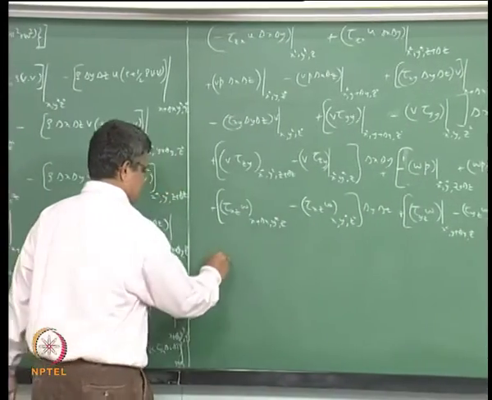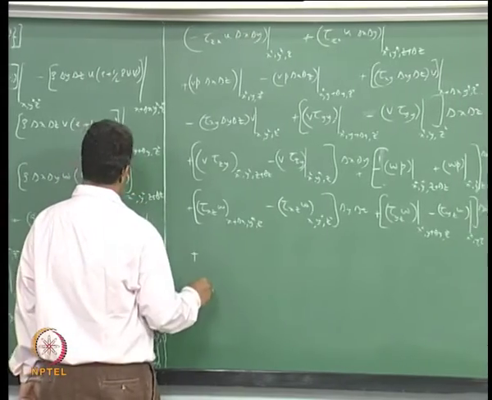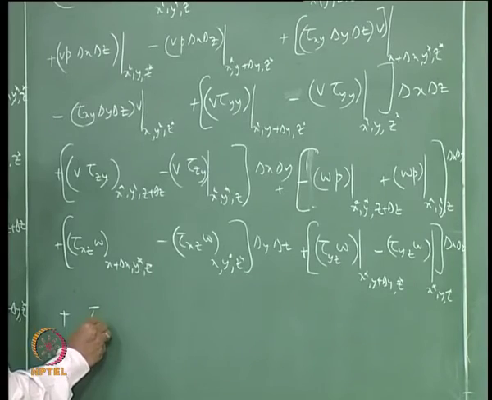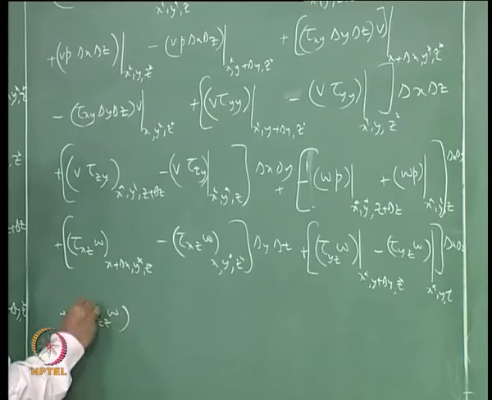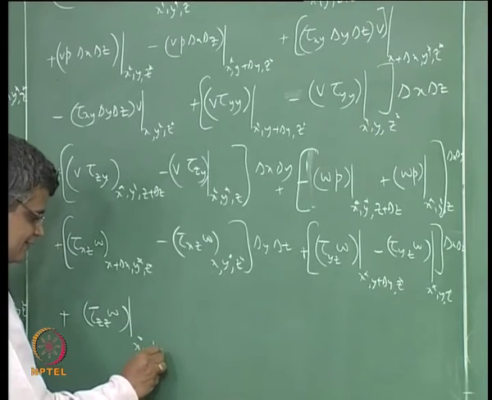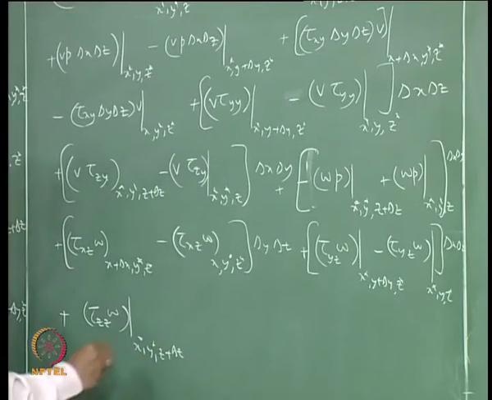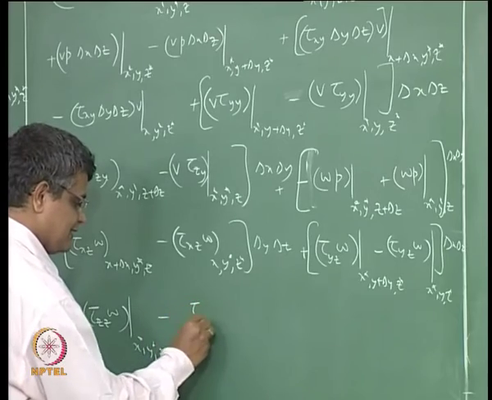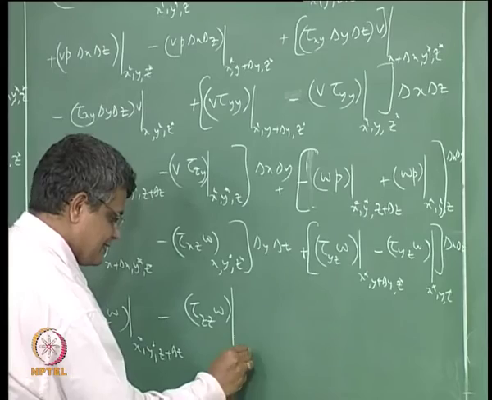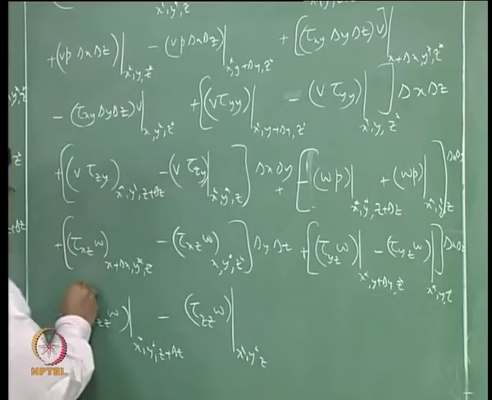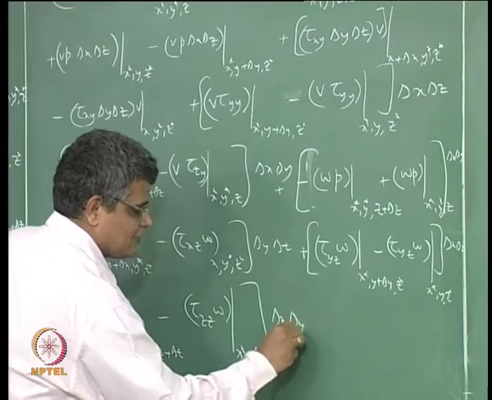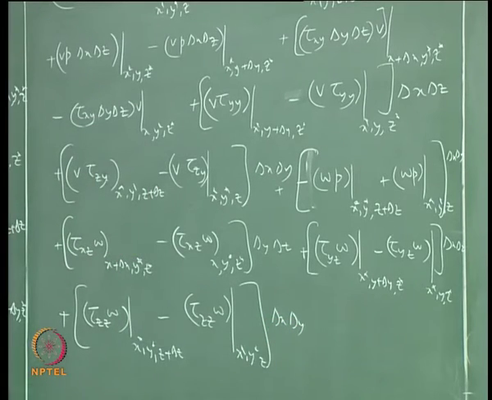And the stresses on the front and back faces: that is tau zz times w evaluated at x star, y star, z plus delta z, minus tau zz w at x star, y star, z. This whole thing times the corresponding area, delta x delta y.